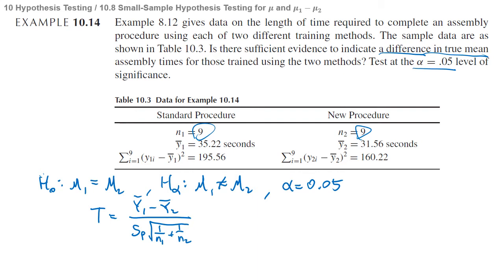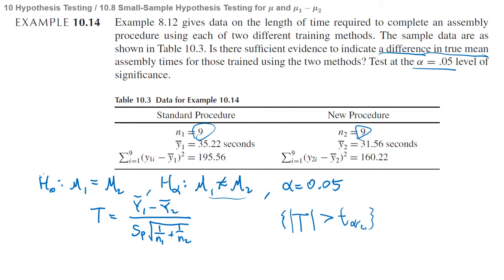And what would be the rejection region? For the two-sided test, t should be very large or very small to reject the null hypothesis. So our rejection region would be the absolute value of t greater than t alpha over 2.